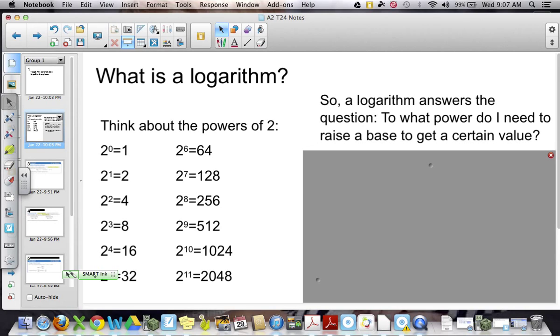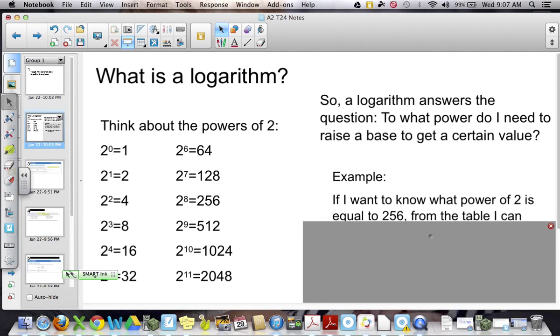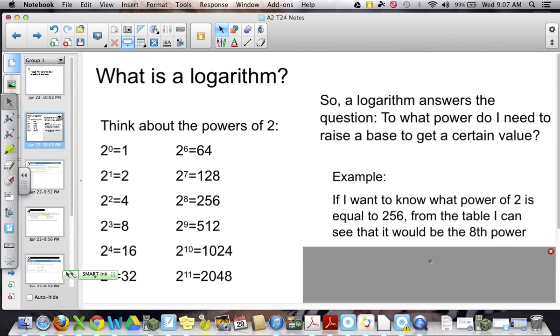So for example, to what power do I need to raise 2 to get 256? If I look at this table, I can pretty easily see that 256 is equal to the 8th power. So it's the 8th power of 2 that's equal to 256.